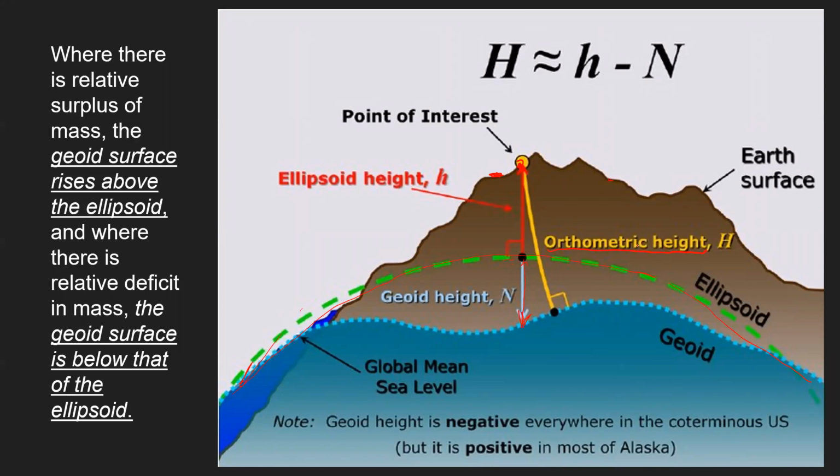Where there is a surplus of mass, on average, the geoid surface is going to be above the ellipsoid, and where there's a deficit of mass, the surface is going to be below the ellipsoid. When we go to the conterminous US, the geoid height is typically below the ellipsoid, so it's negative. But if you go to Alaska, it's actually going to be positive.